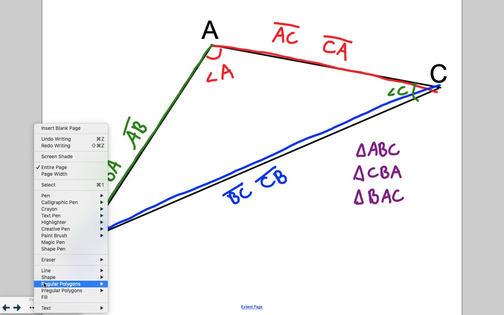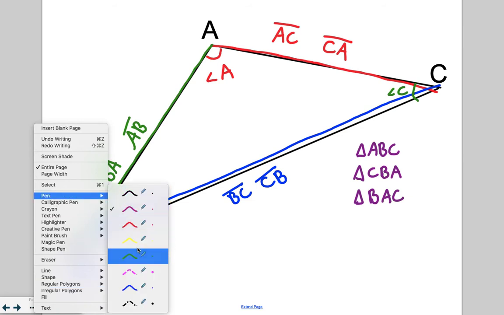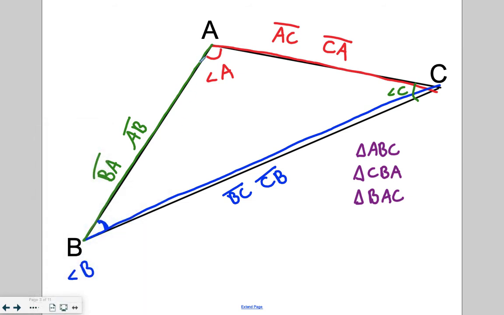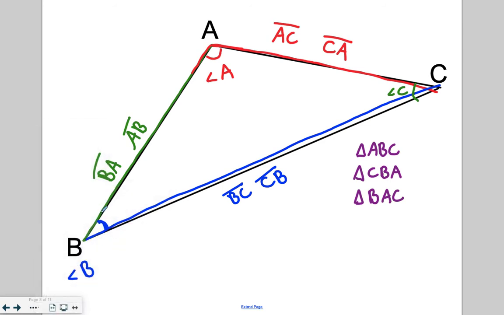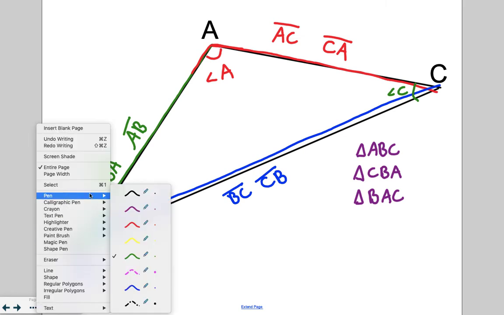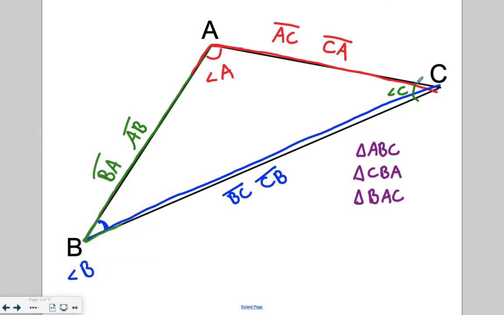The last thing I would like to show you is if I take my 3 angles, so right here is angle A, down here is angle B, and then finally over on this right side we have angle C. I want to make sure I get these exact so that it works out to show you what I want.